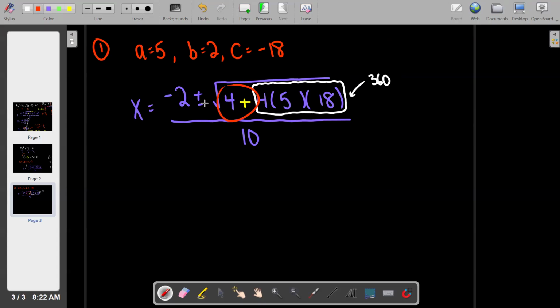People get so excited about the 4AC part that, honestly, you'd be surprised how often people forget to go back and do the 4. So don't forget the 4. So 4 plus 360 is 364. And I can tell you that 364 is not a perfect square.